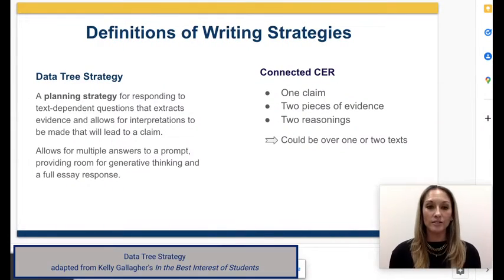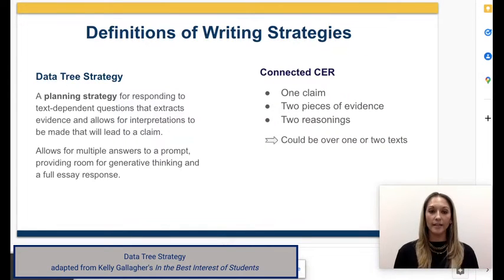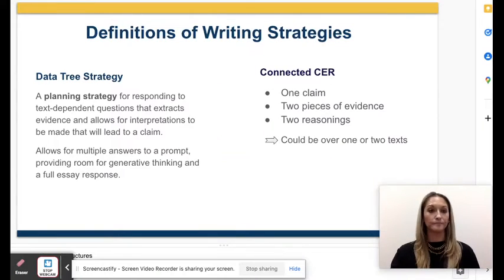And then the data tree strategy is a planning strategy that helps students respond to text-dependent questions and will act as a way that the student can extract the evidence from a text and keep a collection of that evidence in one place so that we can pick and choose text evidence that helps answer the question most effectively.